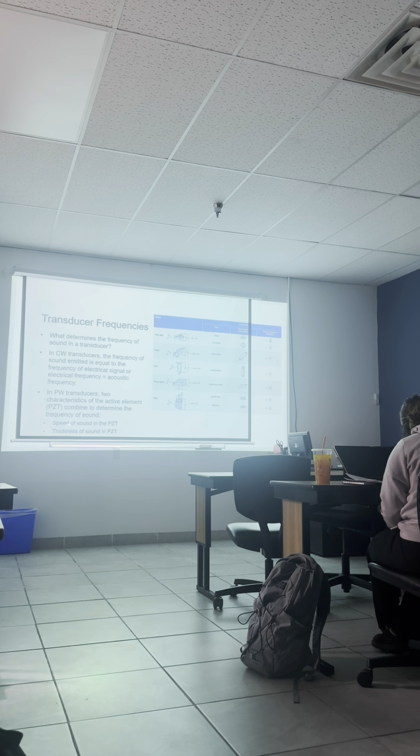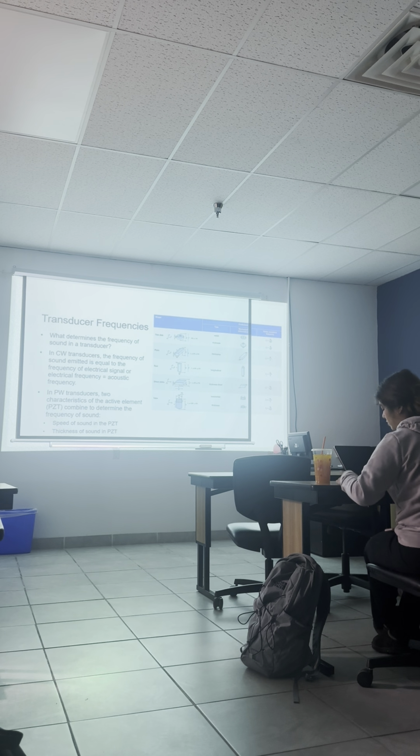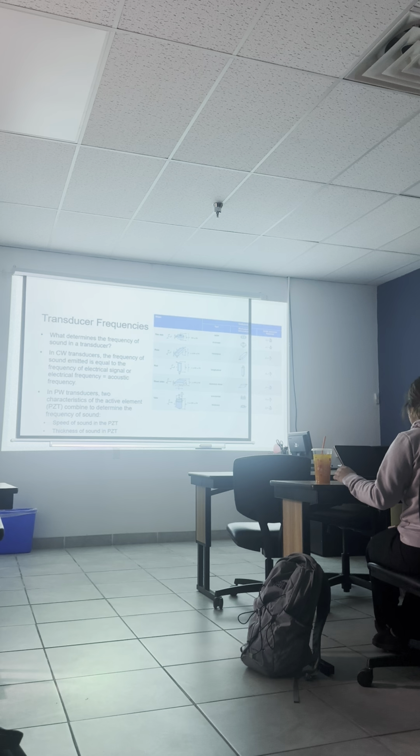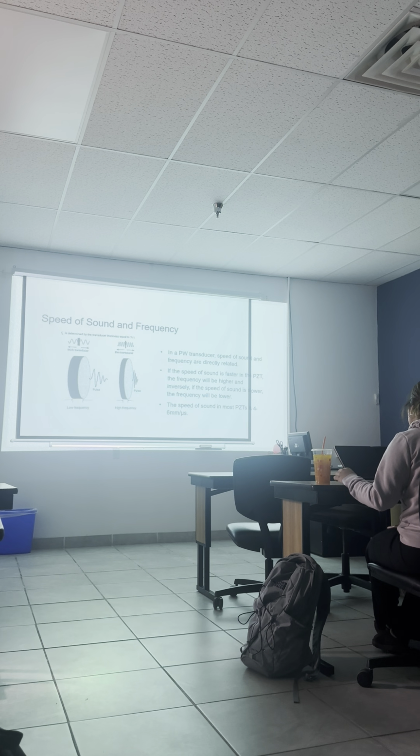Now in pulse wave imaging, there are 2 factors that determine frequency: the speed of sound in the PZT and the thickness of the PZT. What's the PZT? The crystal. If we have a high speed of sound in the crystal, what's our frequency going to be? High.